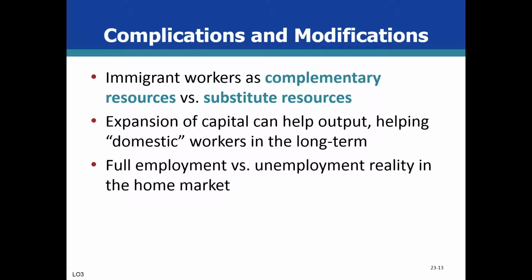What's that saying? It's, look, these people are helping to lower the overall cost. The overall cost is improving the opportunity to sell more at a lower price. And because output increases, these particular immigrants help domestic workers in the long term.